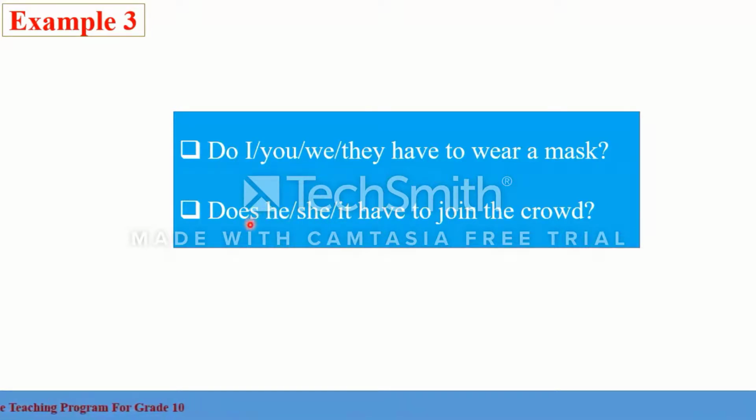But when we use it in our daily practice, we use only one subject pronoun. Remember, we use do I have to wear a mask, or do you have to wear a mask, or does it have to join the crowd? So here are 2 examples of using have to and doesn't have to in the question form. So we move on to practice.